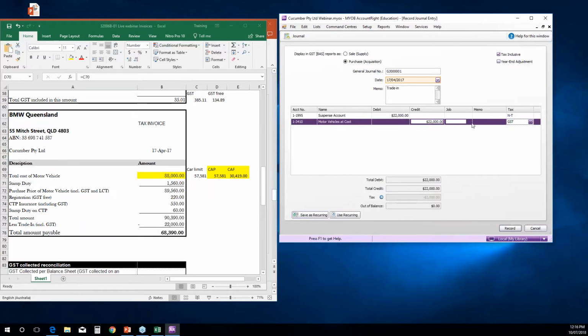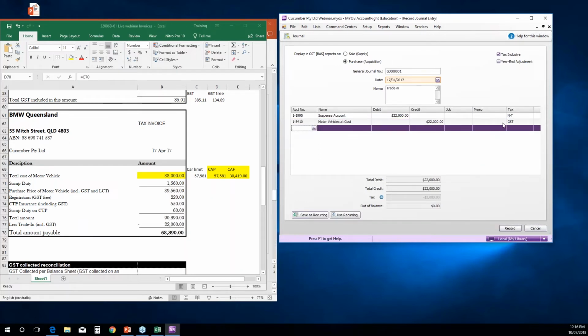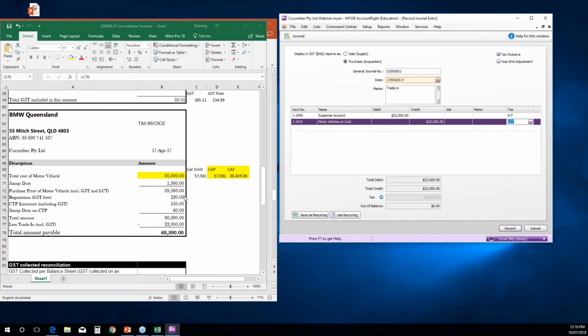So it reduces motor vehicle, but not beyond the car limit. So it's still above the car limit. So when you give this data to the tax agent, they will work on depreciation and other things using the 57,581. So you don't need to worry too much about this one now.